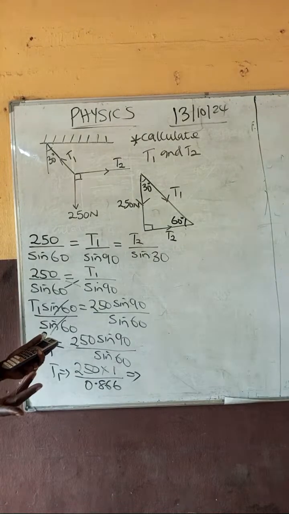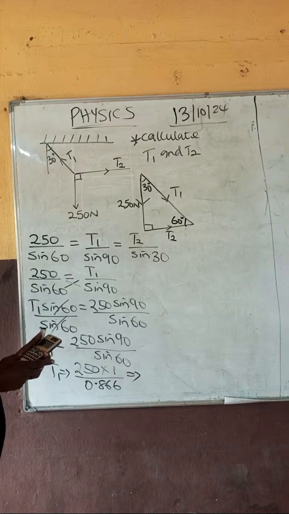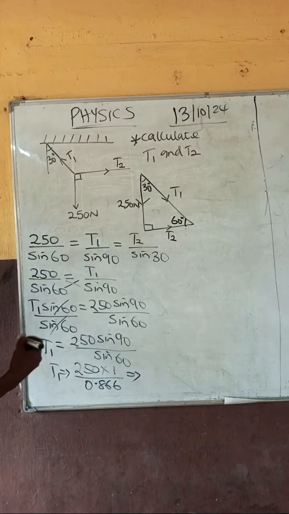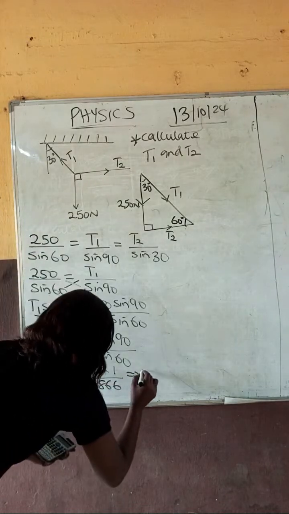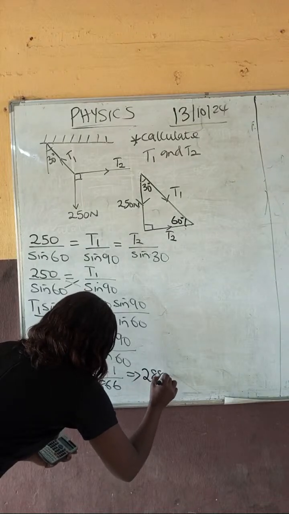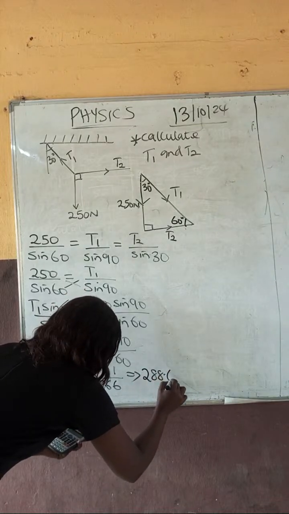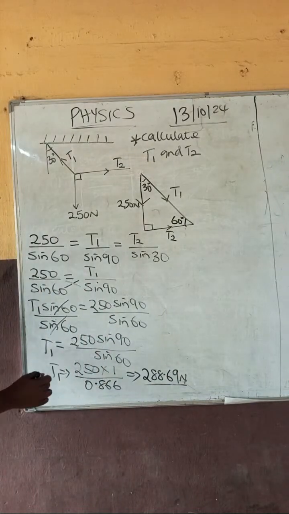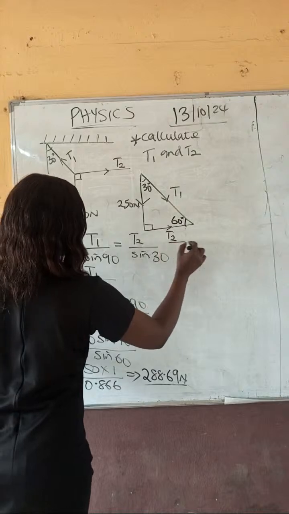It said 250 times 1 is going to give us 250. Then divided by 0.866. What do we have? I have 288.68. I can approximate to 288.69 Newton, right? That is my T1.